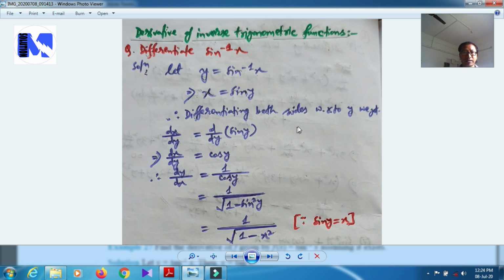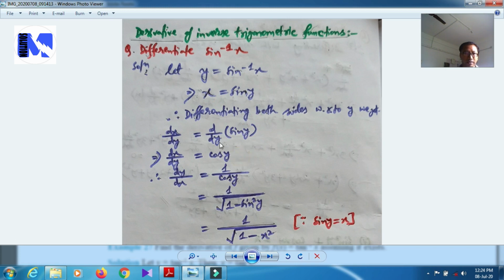Then differentiate both sides with respect to y, because it is x in terms of y. Then this will become dx by dy, and this part will be d by dy of sine y. Then dx by dy, d by dy of sine y is cos y.